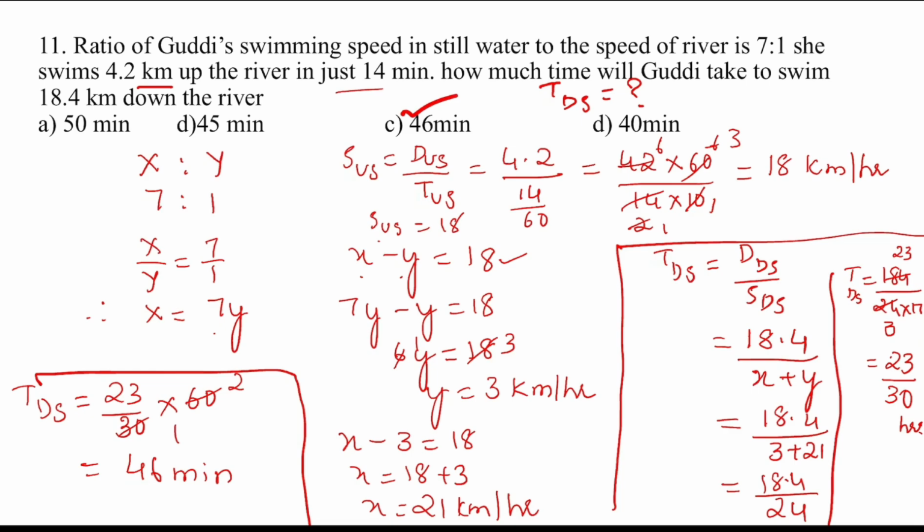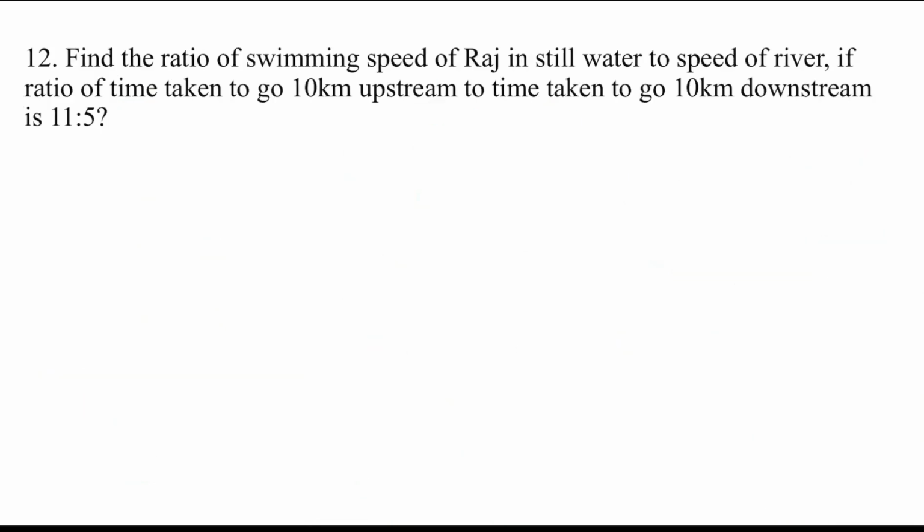Now coming to the last problem. Find the ratio of swimming speed of Raj in still water to speed of river, if the ratio of time taken to go 10 km upstream to time taken to go 10 km downstream is 11:5. So what is given? Time taken to go upstream is to time taken to go downstream, the ratio is given as 11:5.